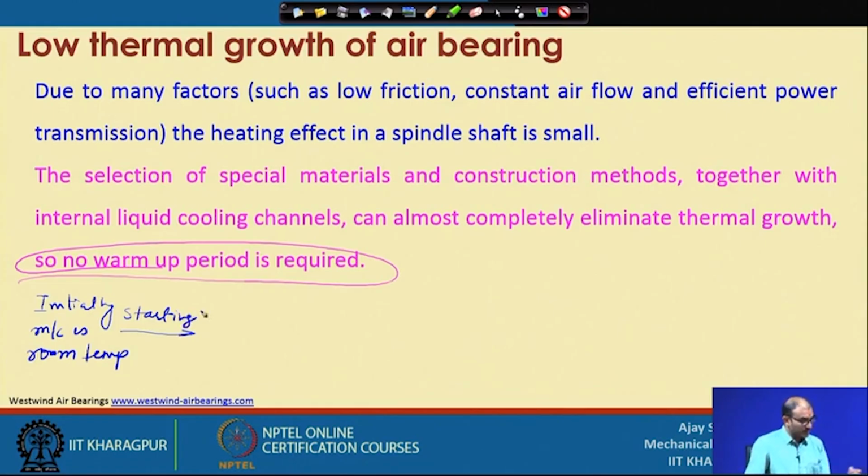Now you know that there are different components made of different materials, and you have the surrounding temperature. Consider here the temperature is 26 degree centigrade. When you start the machine, there are a lot of different moving elements and rolling elements, so you get a temperature difference in the different components.